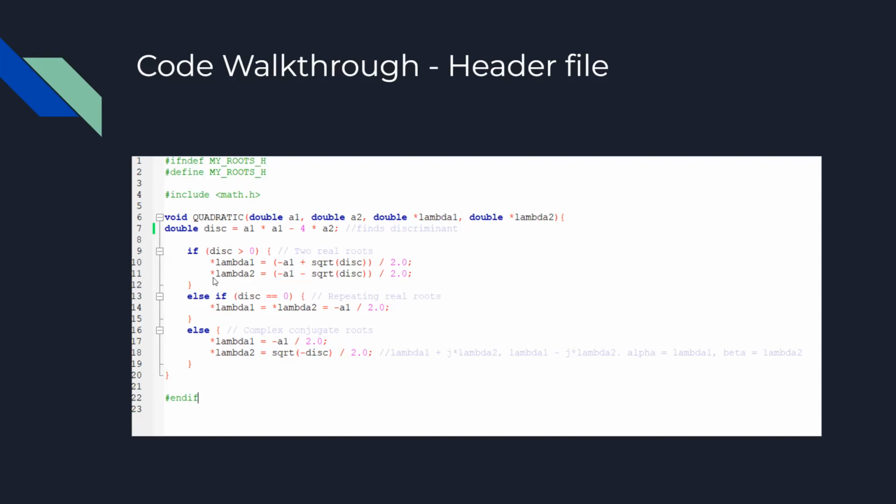Lambda1 and lambda2 are both pointers, which would be used in the scripts, and they are defined by the user input coefficients as well as the discriminant, which they would have been calculated by. So there are the two real roots case, repeating roots, and complex conjugate roots.